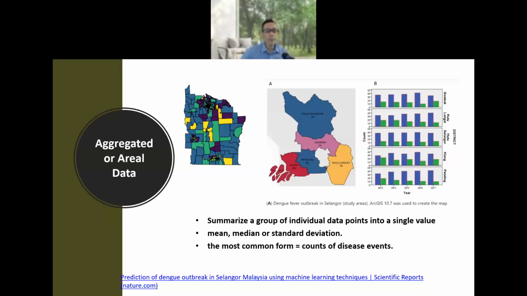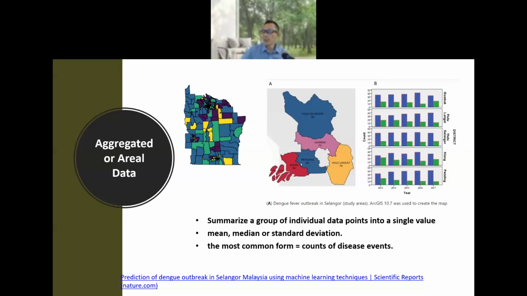Such data is called areal data, or aggregated data. It is not point data, but it is aggregated data.